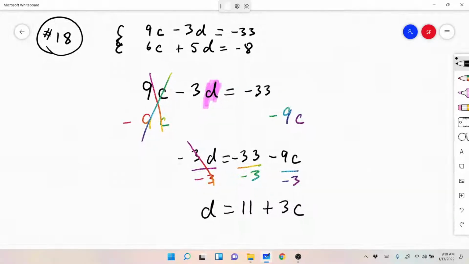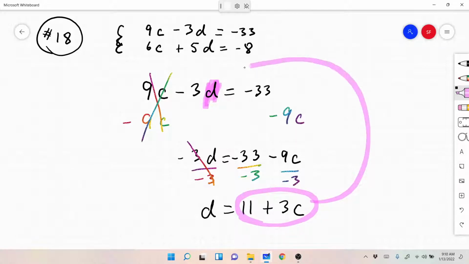So now what should we do? We are going to do something with the other equation. What are we going to do with it? We're going to substitute this for D, right?